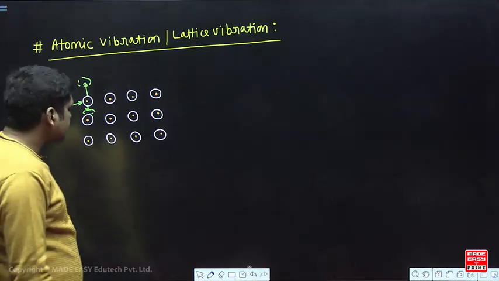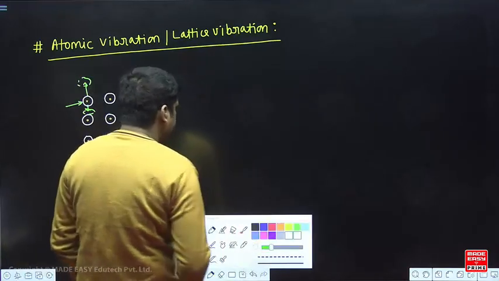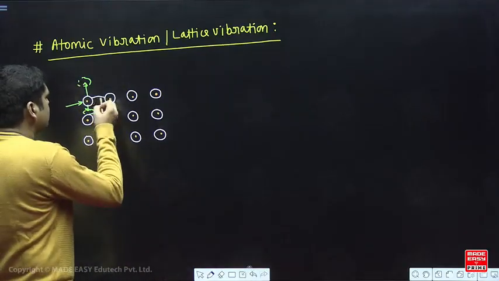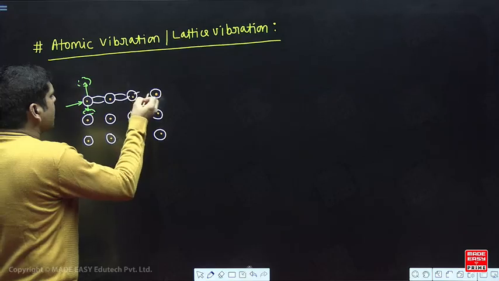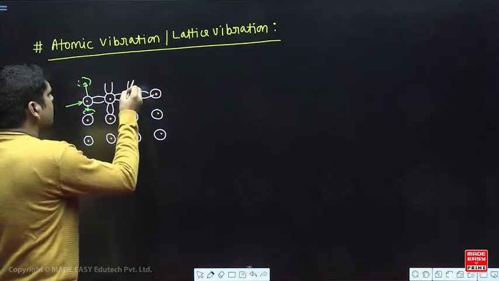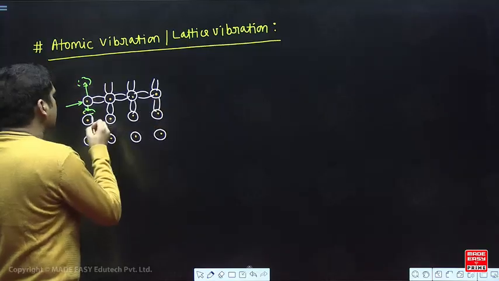अब एक चीज, किसी एटम का वाइब्रेशन इंडिविजुअल तो नहीं हो सकता. These atoms are connected with bond with each other. They are connected with the bonds, तभी solid बना है.